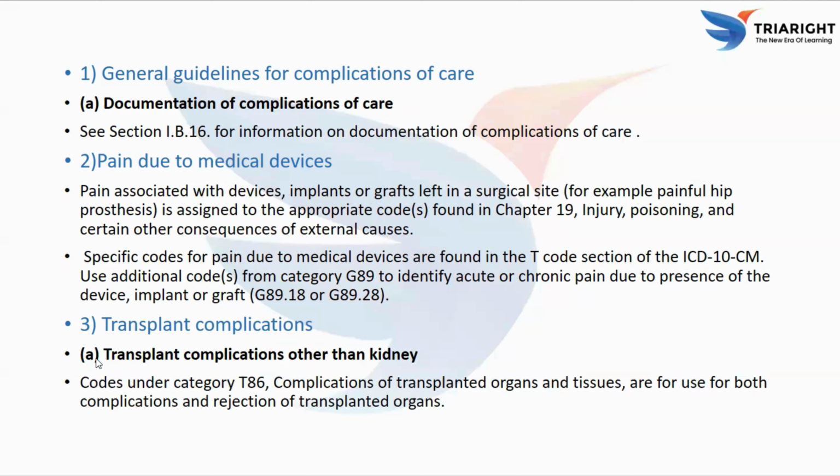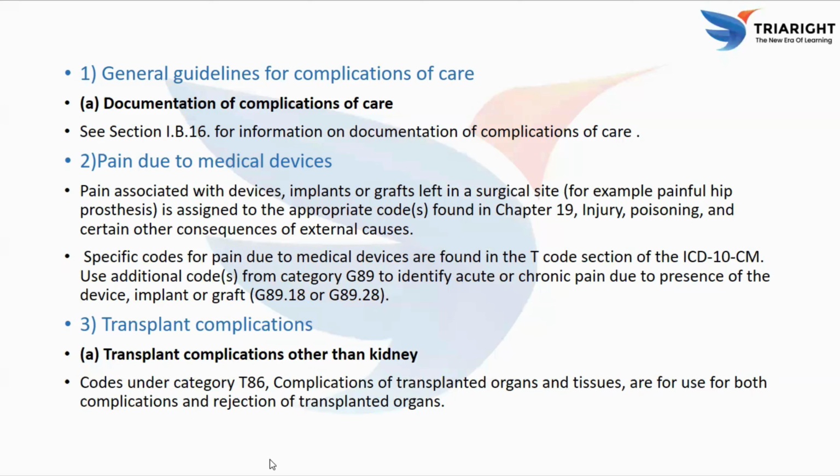And the third guideline is transplant complications. So what are transplant complications? Codes under T86 are used for complications and rejection of transplanted organs and tissues. Whenever an organ is transplanted, if any complications arise, or if there is a rejection, failure, or infection of the organ, they are coded under the T86 category.